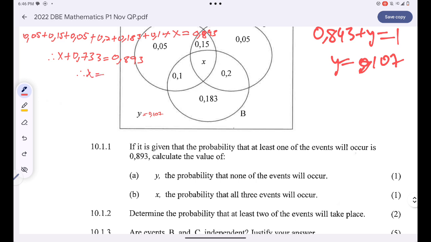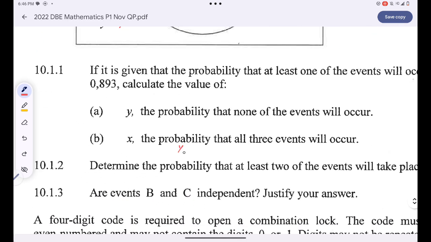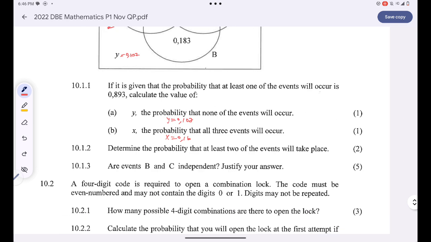So x is equal to 0.893 minus 0.733. This will give me 0.16 as the value of x. So x is 0.16 and then y was 0.107.